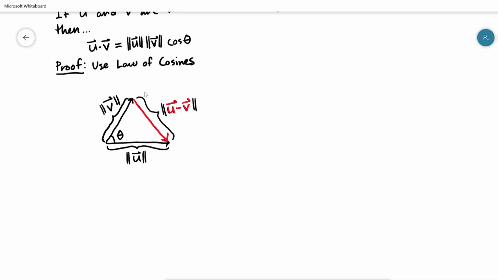So here's our triangle. And if you remember, law of cosines basically says that if you want to figure out the lengths of some of the sides of the triangle based on other sides, so remember this was solving triangles, angle side angle, side side angle, all of those cases. Law of cosines was used to find some of those, and it looked like the following.